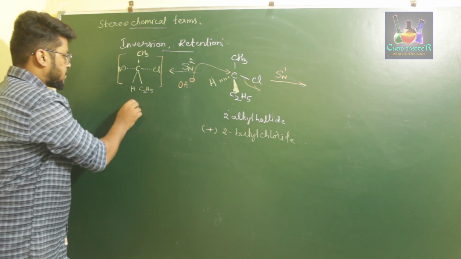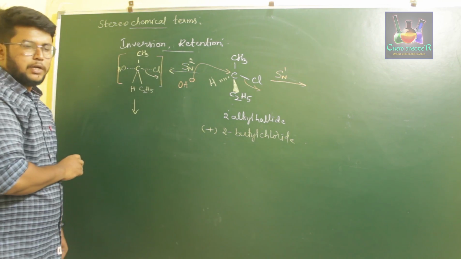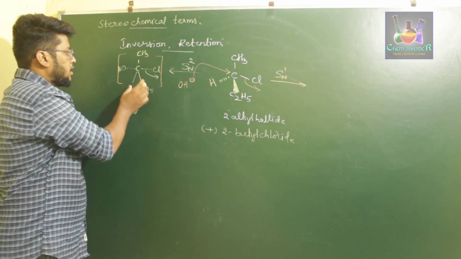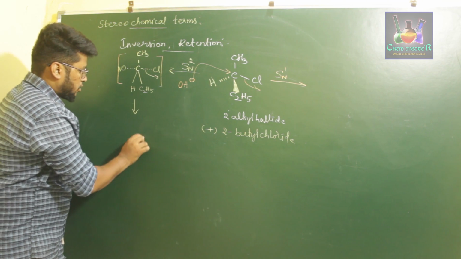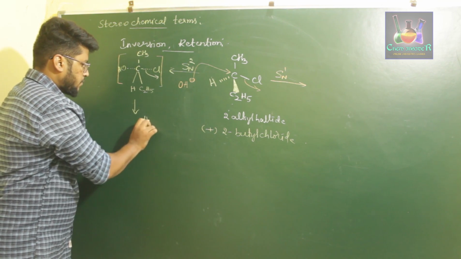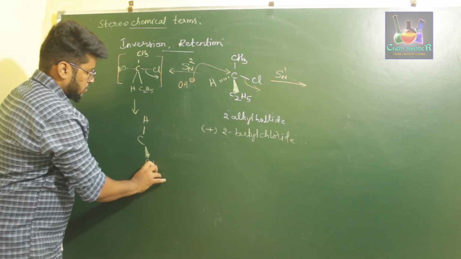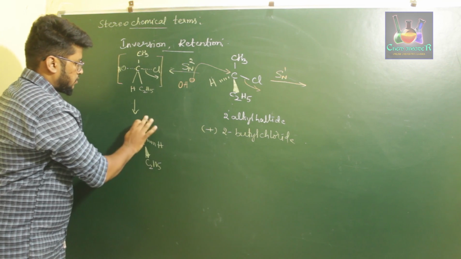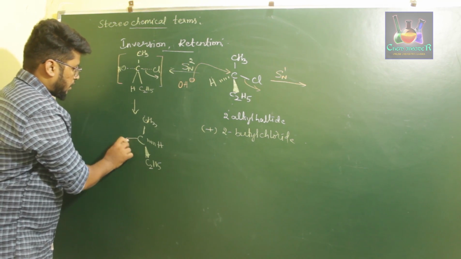Once this is formed, the chloride will leave the carbon atom. As a result, we get the inversion in configuration, that is, these three atoms will be moved away from the OH group, resulting in a geometry with H, C2H5, CH3, H, C2H5 and OH.